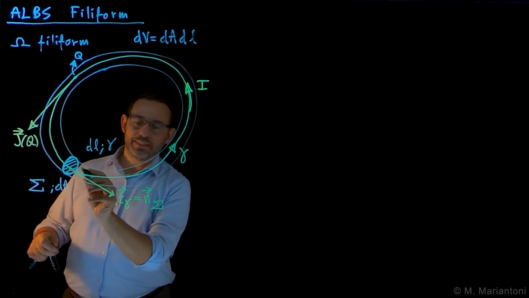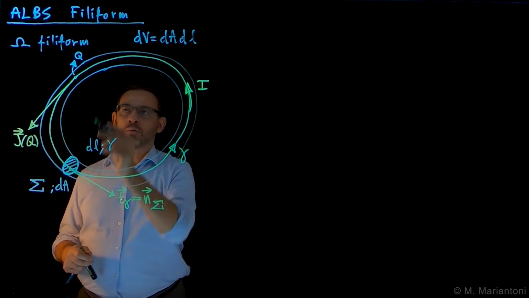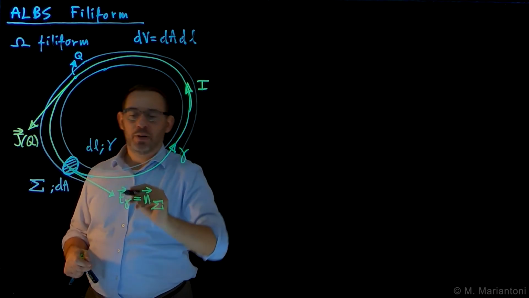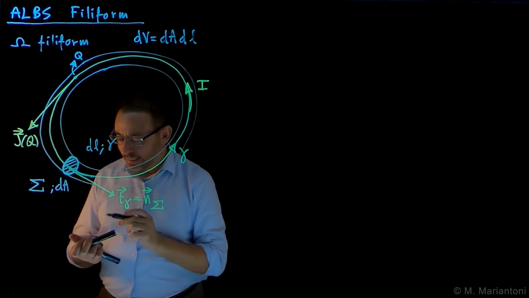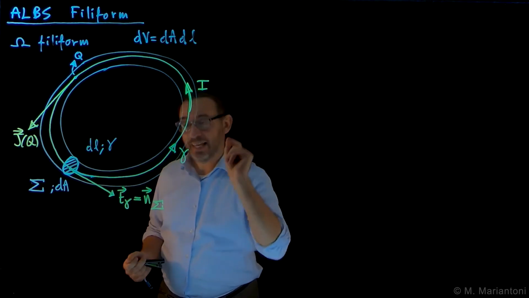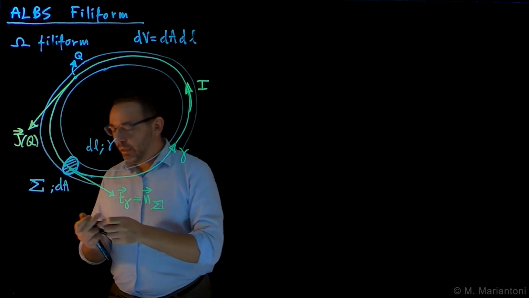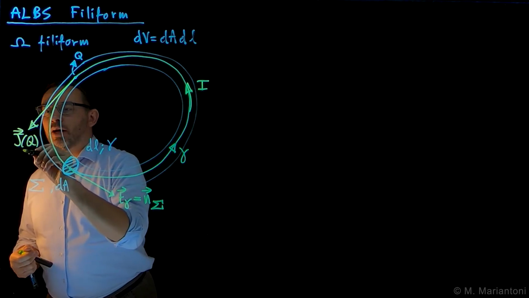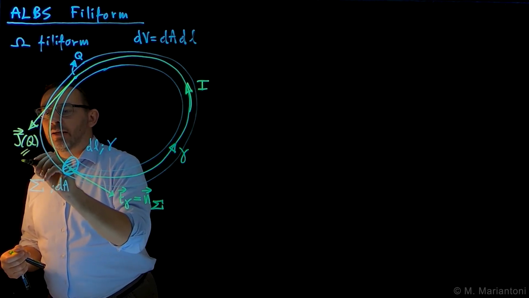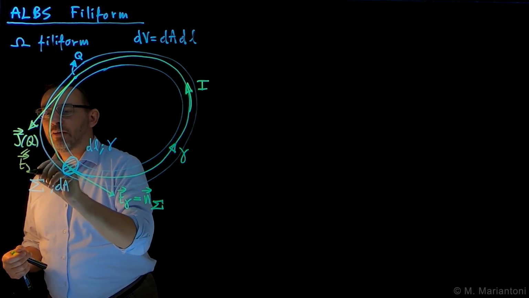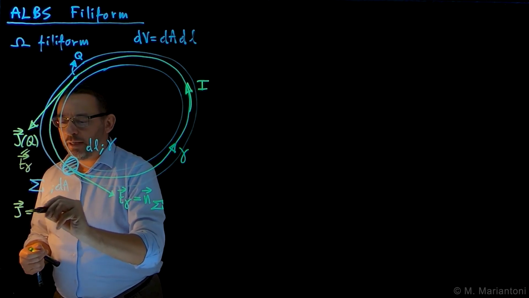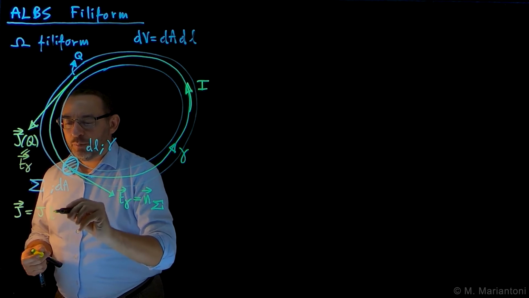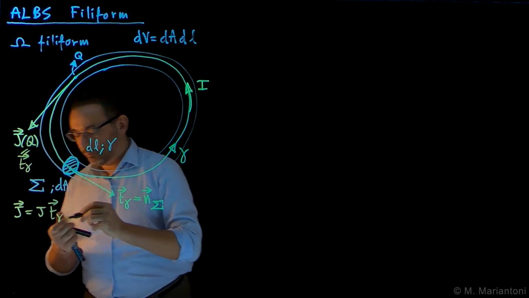So either I say it's the tangent unit vector at this point, which could be Q, along gamma, T gamma, or I say it's the normal unit vector with respect to the surface. These are obviously exactly the same vector in this case. And so J is parallel to T gamma, so I can write the J vector as J magnitude times T gamma.